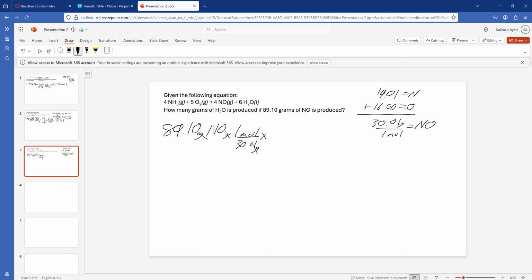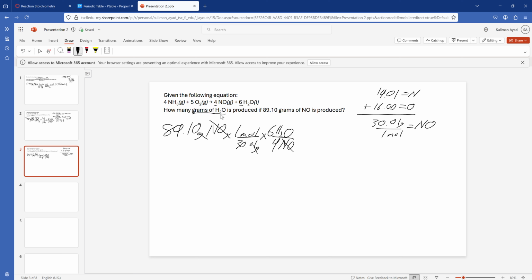And so, since I want NO to cancel here, I'm going to put the 6 H2Os on the top, and I'll put the 4 NOs on the bottom, just taking that from here and here, respectively. I'll cancel out my nitrogen oxide there. Now I have moles of H2O, but I'm looking for grams of H2O.